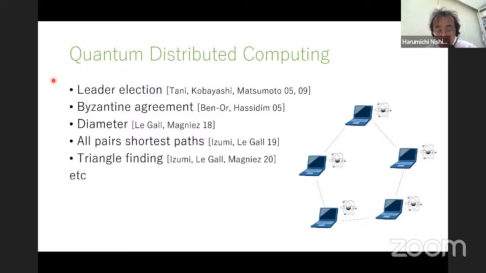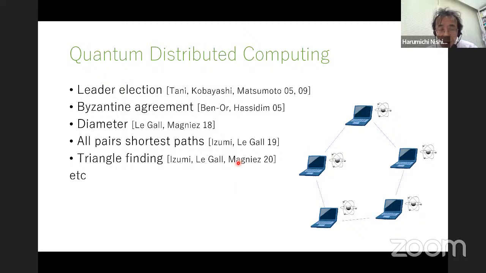This is a difficult task because the computers are distributed. Usually, a problem like computing the diameter is trivially easy if there is only one central computer, but it is difficult when there are several computers on the network.